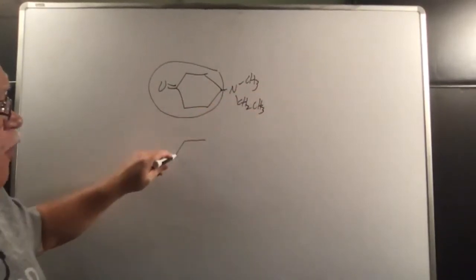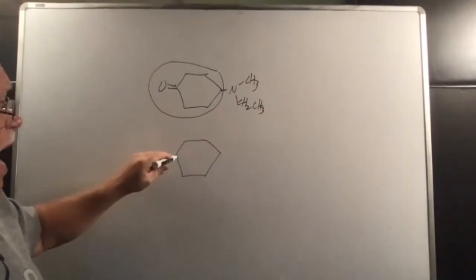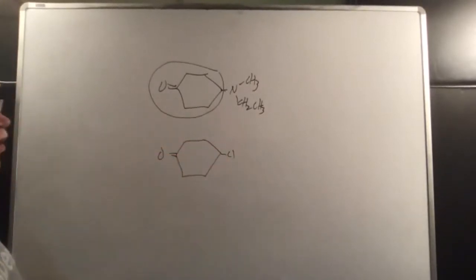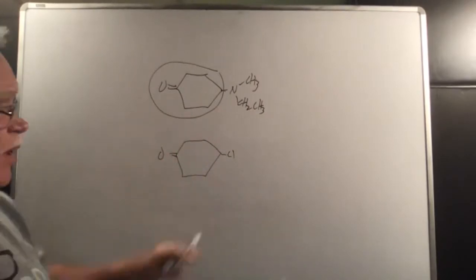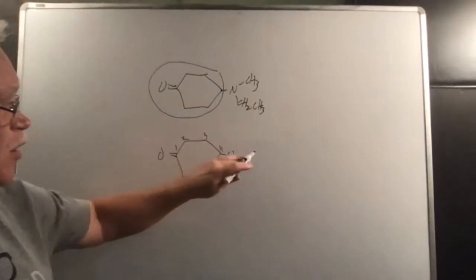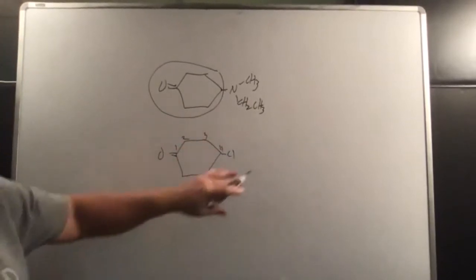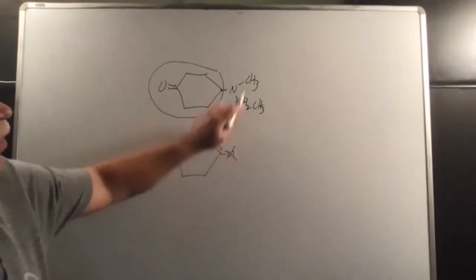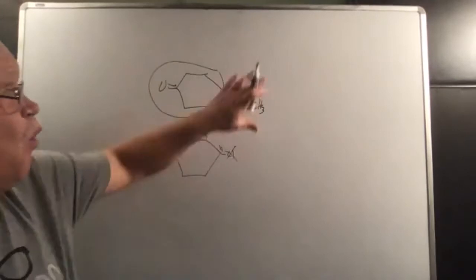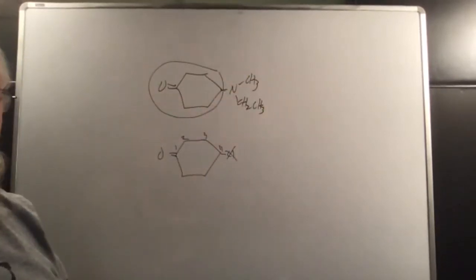So what I oftentimes think about is just how would I name that if that happened to be a chlorine? Notice we would name this as a cyclohexanone, and we would have numbered it 1, 2, 3, 4 chloro. So then I just say, okay, that wasn't a chloro, it was this piece. And then I just ask myself, what is this substituent called?